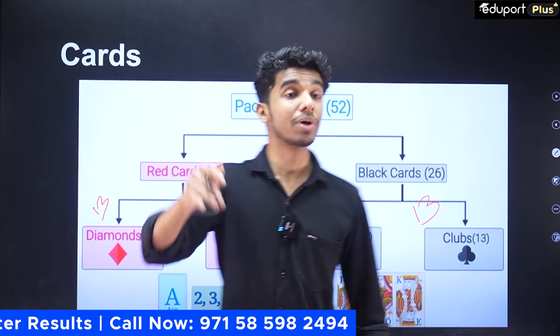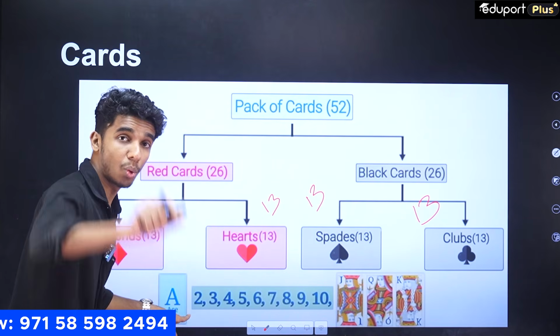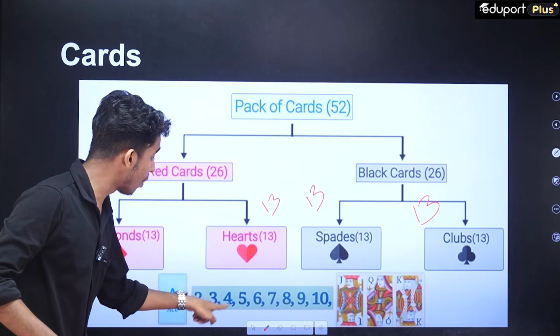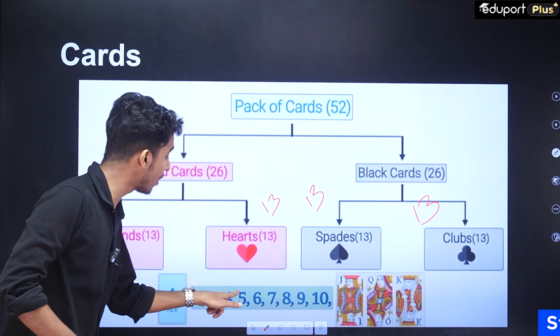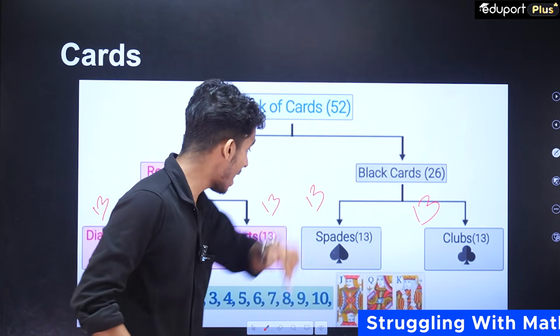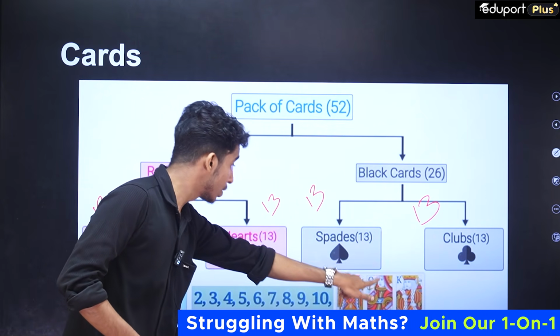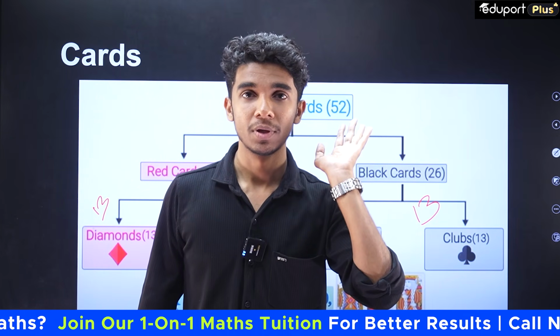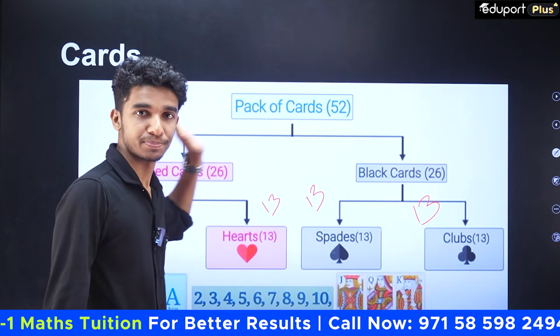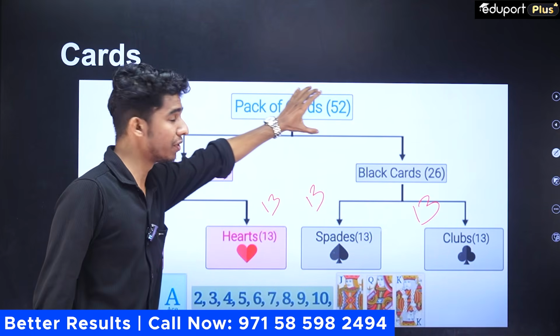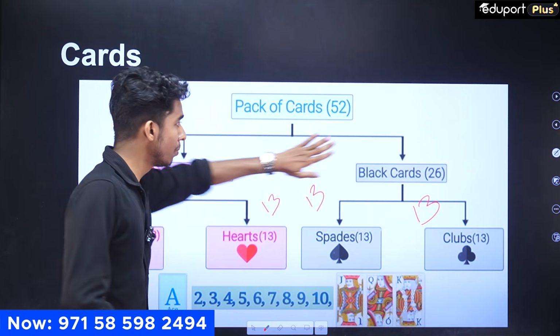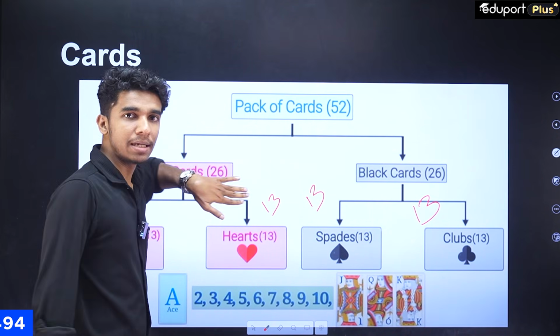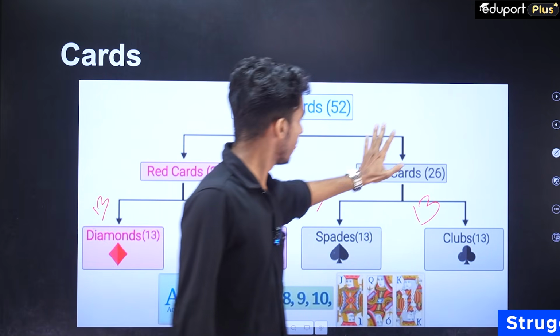And these cards look like this: ace first, then cards numbered 2, 3, 4, 5, 6 up to 10, and then king, queen and jack. This is how the cards work. So you have 52 cards divided into black cards and red cards: 26 red and 26 black.